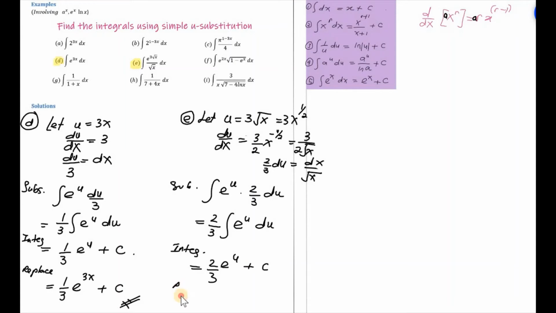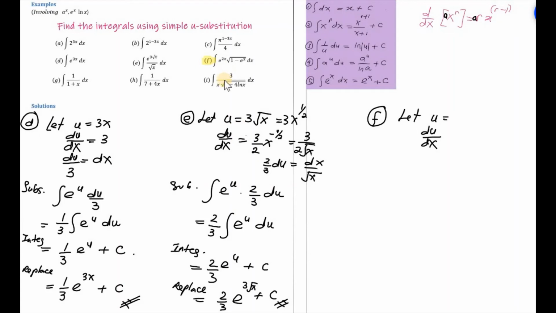And don't forget to replace. So 2 on 3 e power, what is our u just now? That's why you have to take the whole 3 square root x. If you choose the u to be just radical x, you will be stuck. You cannot integrate. So that will be the final answer for E.